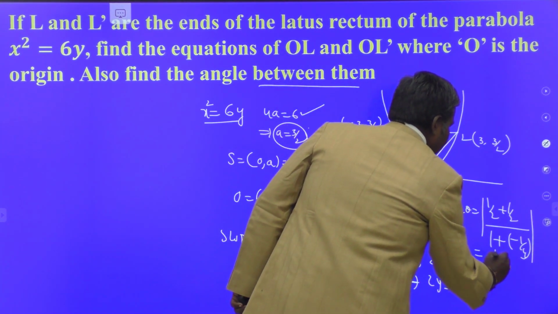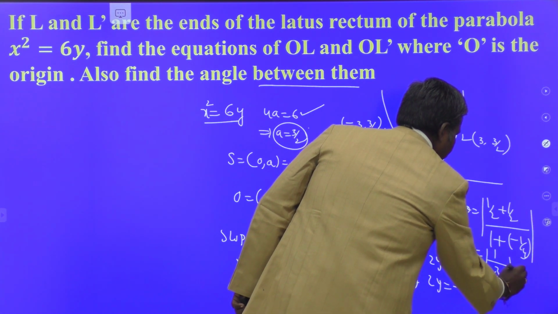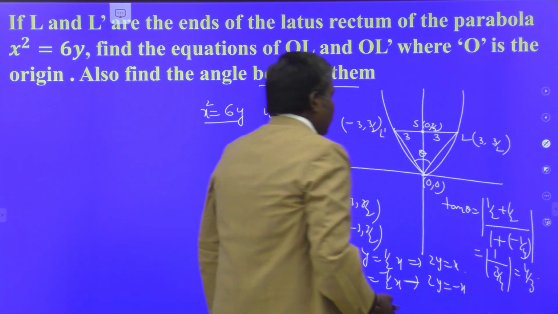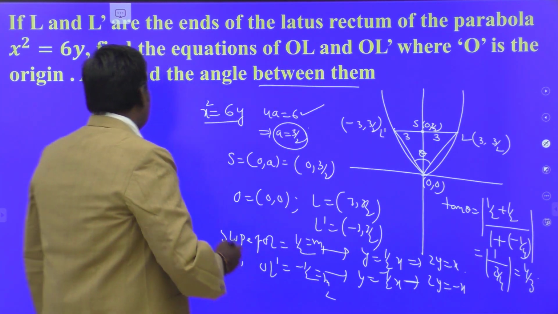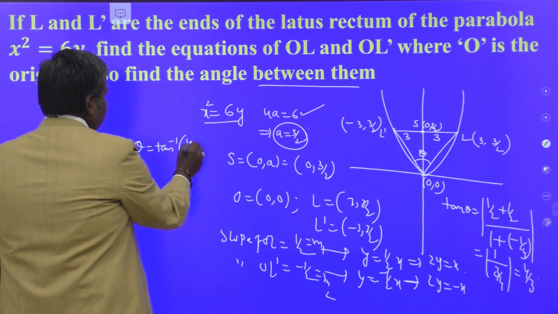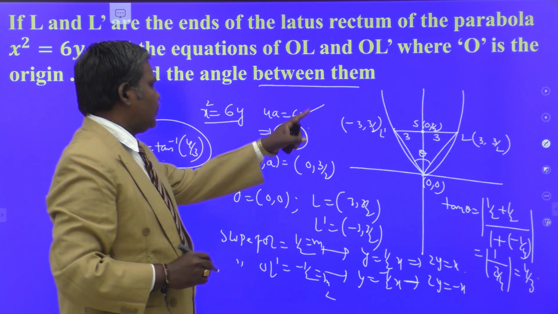So 1 by 3 by 4, that is 4 by 3. Hence theta is equal to tan inverse 4 by 3. This is the angle between the two lines.